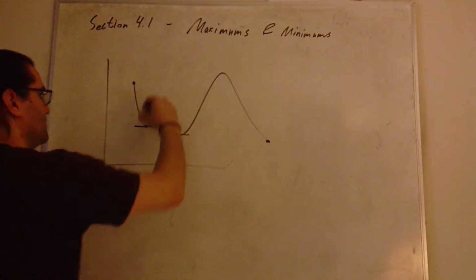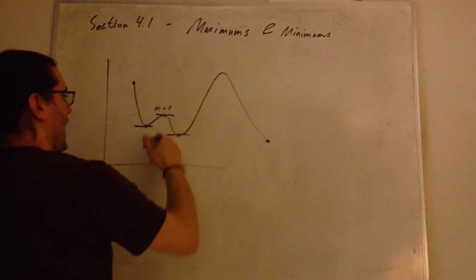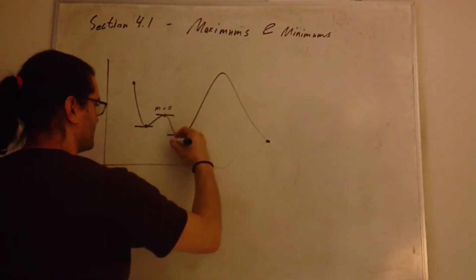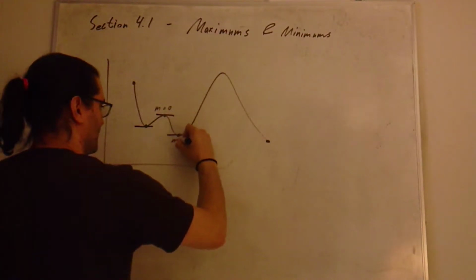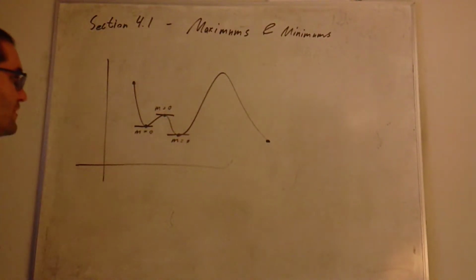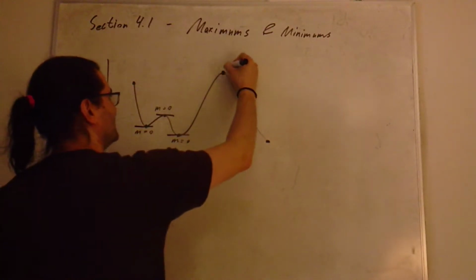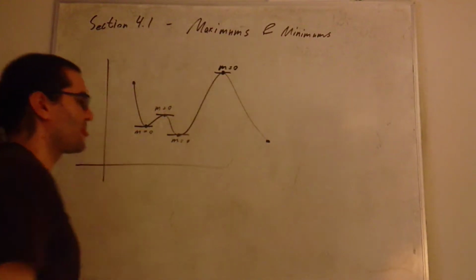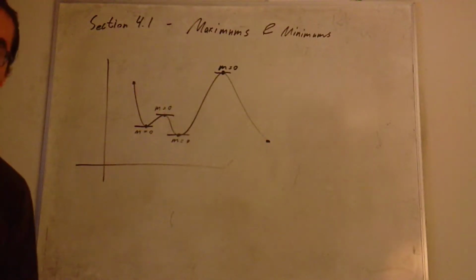That's a maximum. And when it switches from a negative slope to a positive slope, that's when the function has a minimum. But all of these things are characterized by having a slope of 0. And we're going to use that to our advantage.